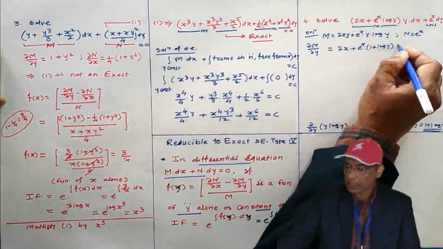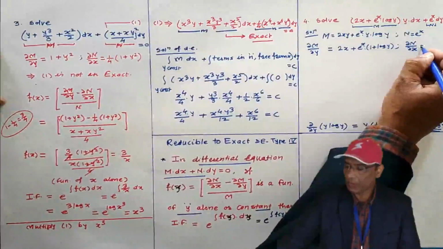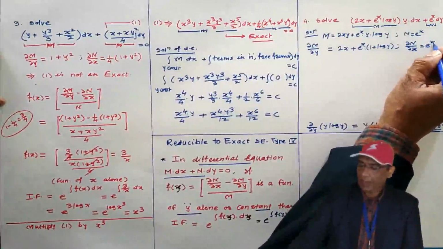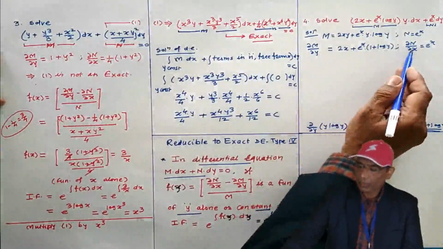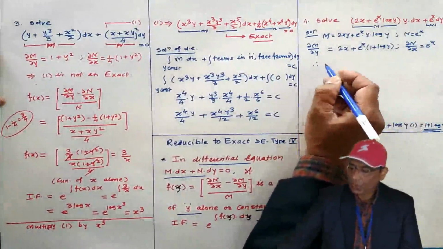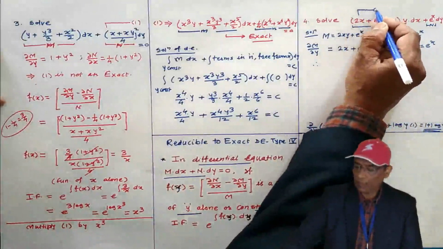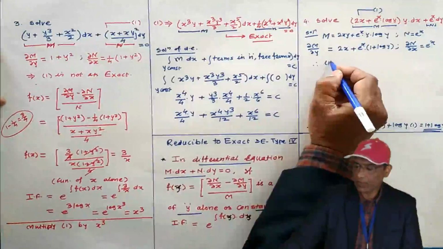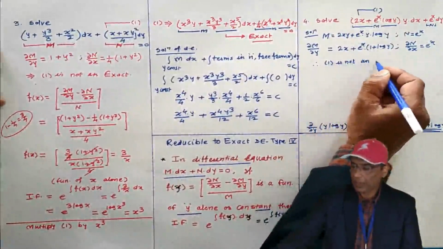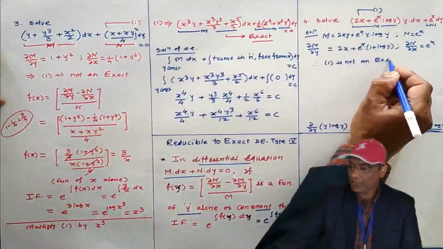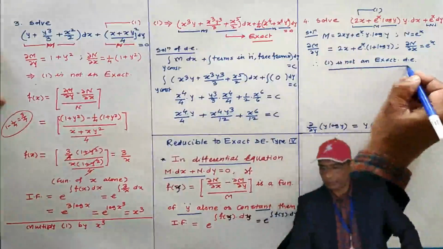Del n by del x is the derivative with respect to x; the derivative of e power x is e power x. Here del m by del y is not equal to del n by del x. Therefore, the given equation is not an exact differential equation. This is equation 1. Therefore, 1 is not an exact differential equation. If it is not exact, then we have to use an integrating factor.